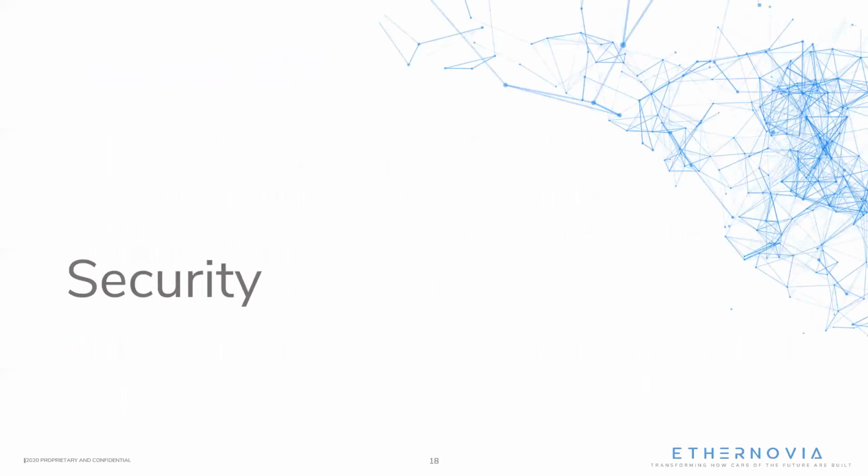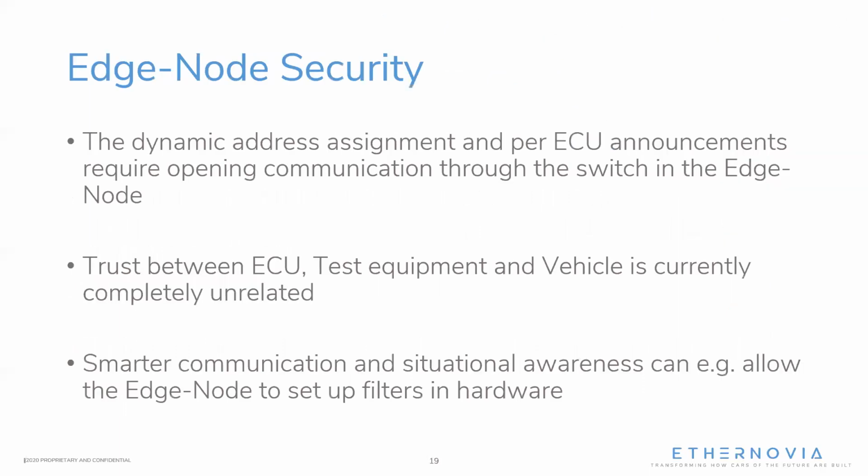And with that, we get to our last topic, and that is security, which obviously starts at the edge node. And like I mentioned at the beginning, this whole discovery process and this whole integration into the outside network that the edge node is supposed to provide to this whole system actually opens up quite a few security holes, because we already need to open up the vehicle before we actually really know who is trying to connect to us.